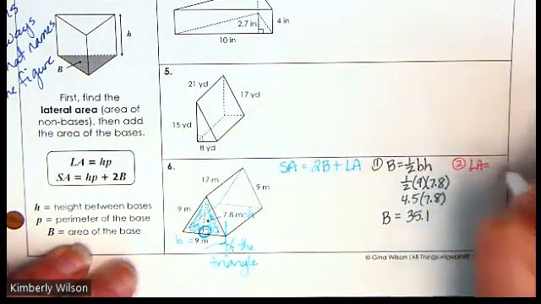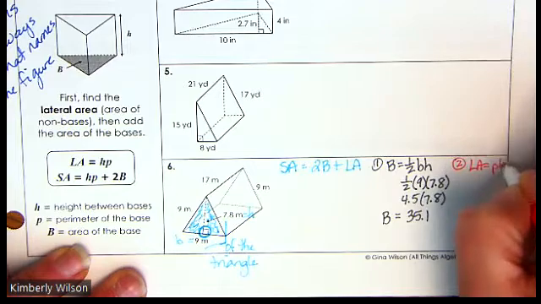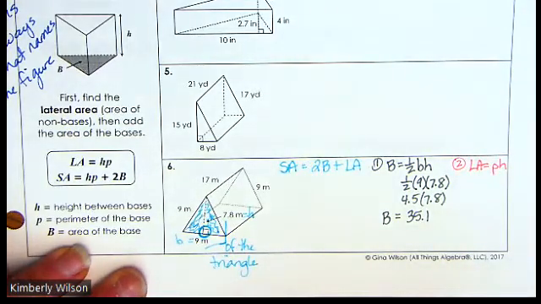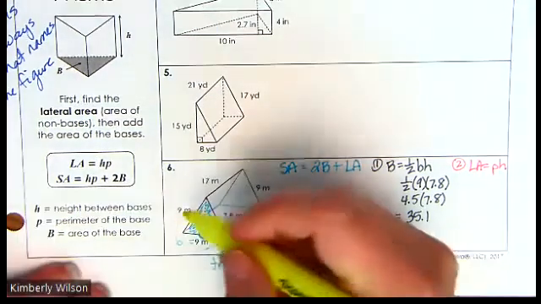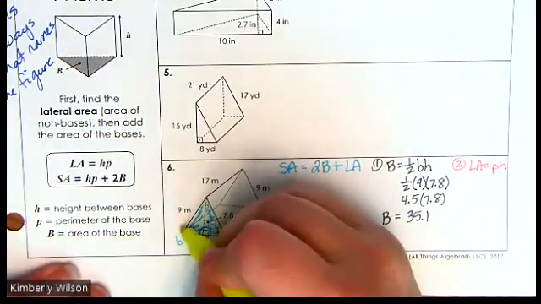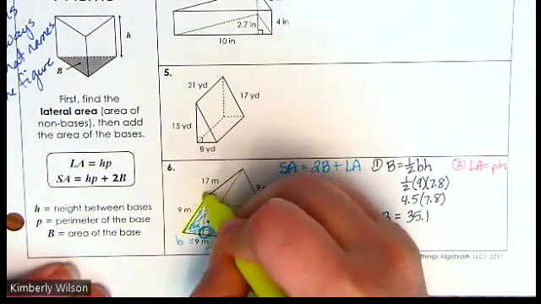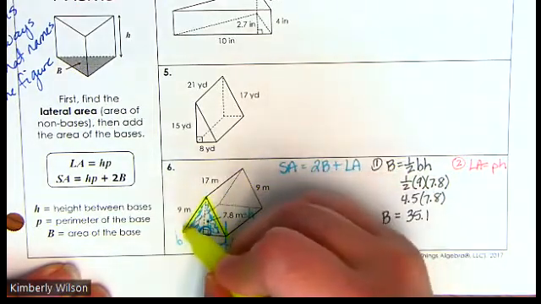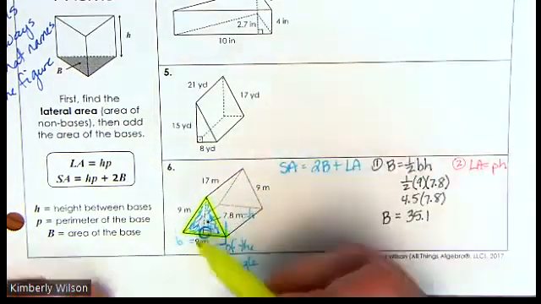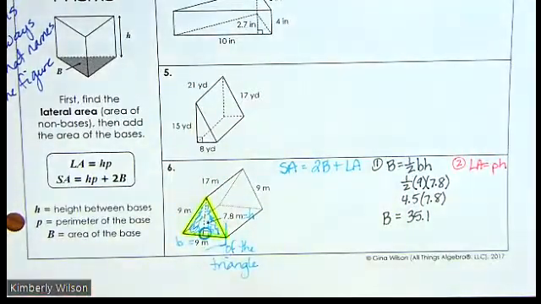And the lateral area is the perimeter times the height. Remember, the perimeter is all the way around the figure. So that means I have got to find the distance around the base. Here, here, and here. Well, I know 2 sides. Those 2 are 9s.